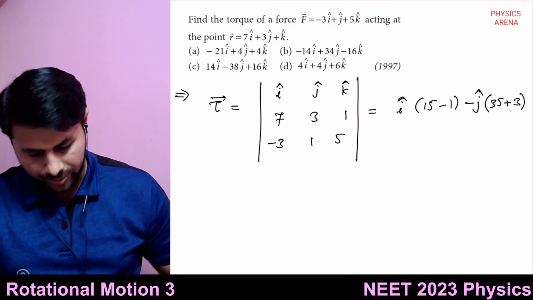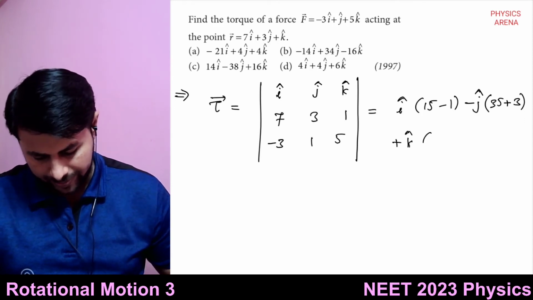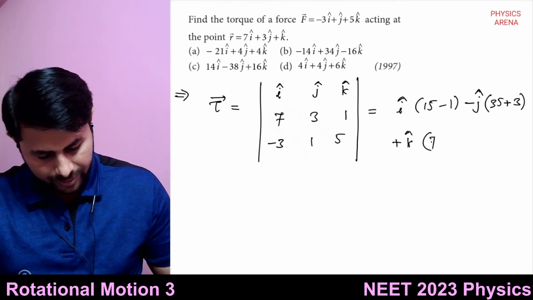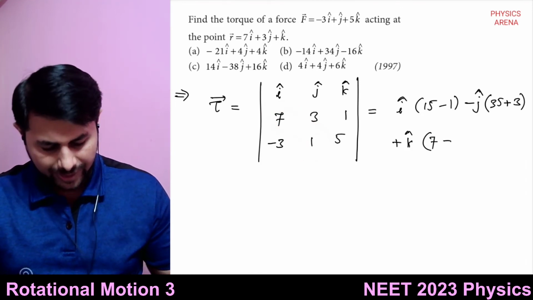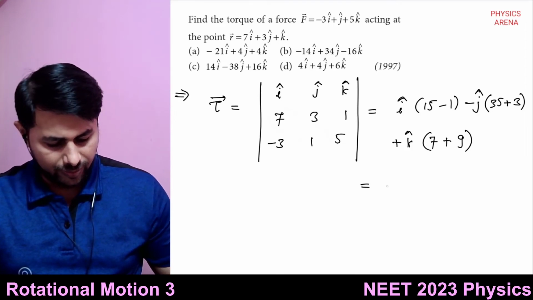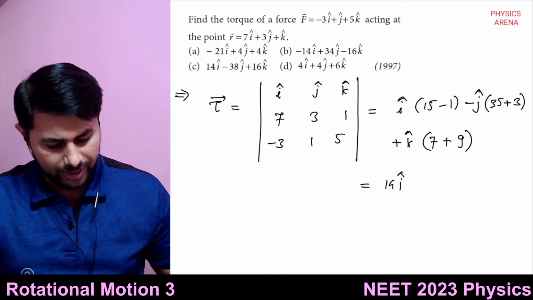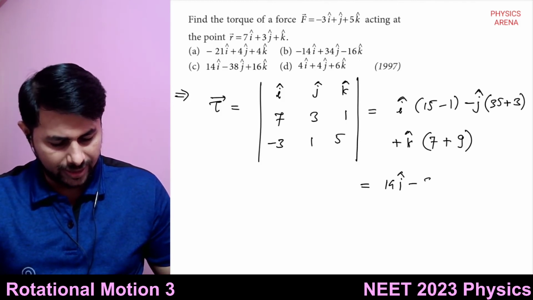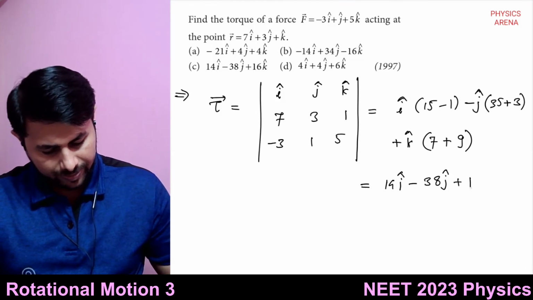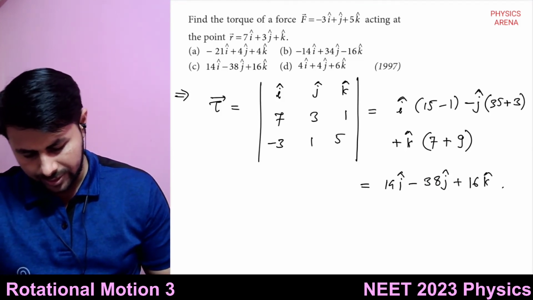So minus minus plus 3. Plus K multiplied by 7 times 1, 7, minus 9, that is plus 9. What's the answer? 14 I cap, then 35 plus 3, which is 38 J cap, plus 16 K cap. So option C is the answer.